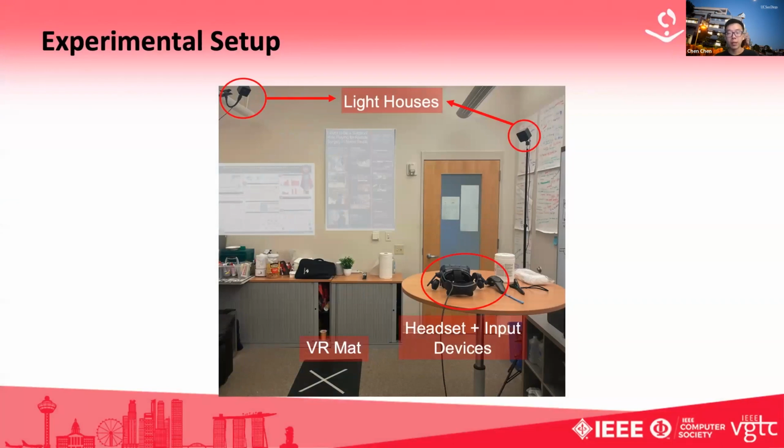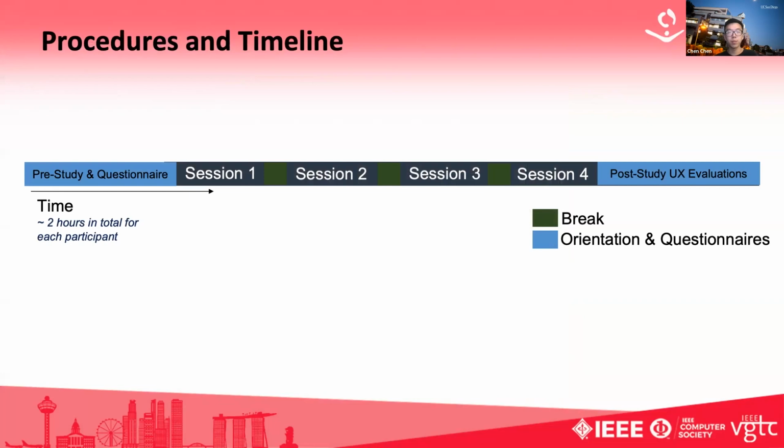We set up the experimental environment in a typical office room with 2 base stations for tracking purposes. During the study, participants would first complete the pre-study questionnaire, followed by the designated drawing tasks, as well as the post-study experience evaluations.